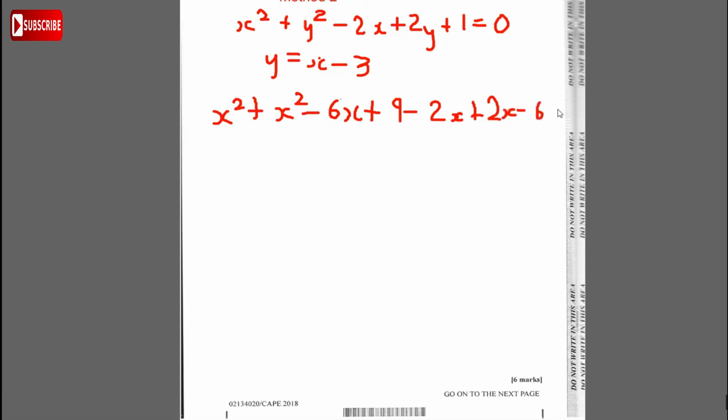Then you have plus 1. And that's equal to 0. So what we did was substitute the line into the curve.